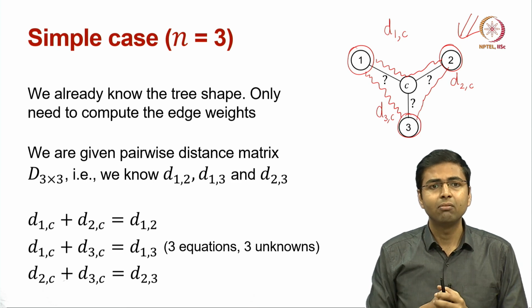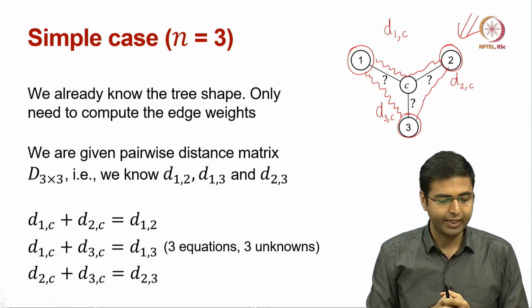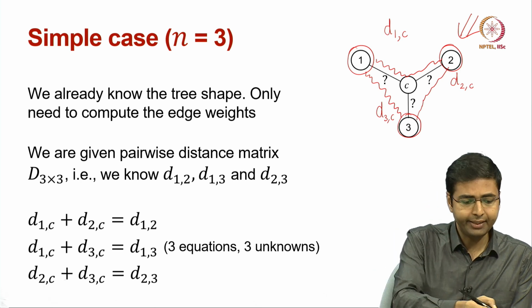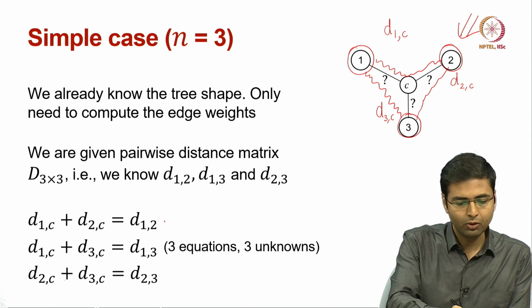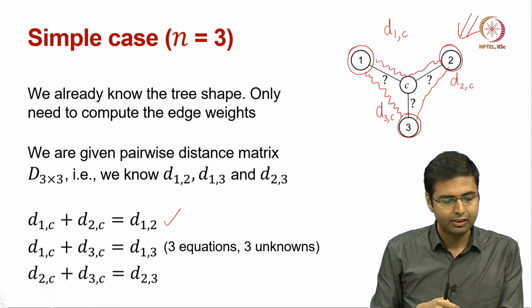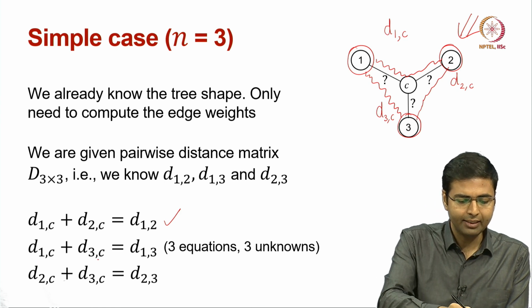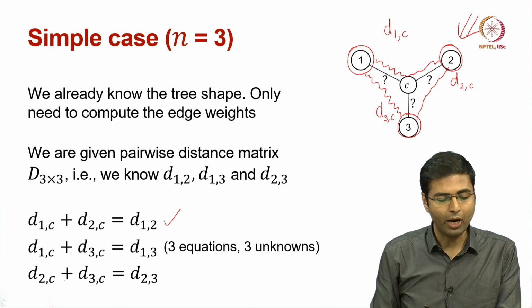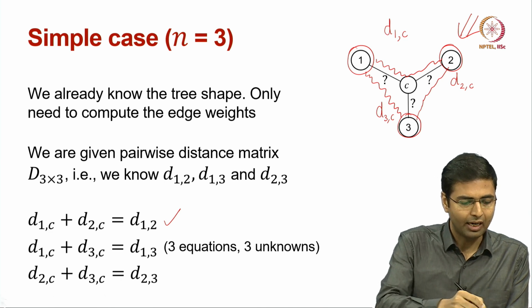So it is a simple linear equation problem, right. All we have to do is to set up the constraints, because we know that D1C plus D2C would be equal to the distance between leaf node 1 and 2. Similarly, D1C plus D3C would be equal to D13 and so on. So you have 3 equations and 3 unknowns.